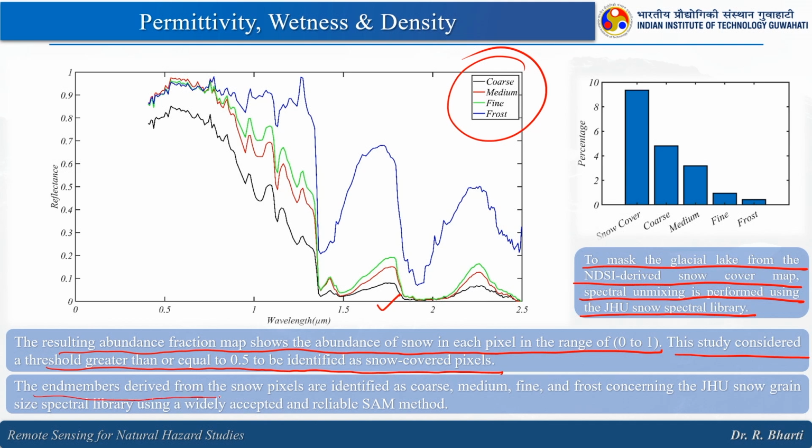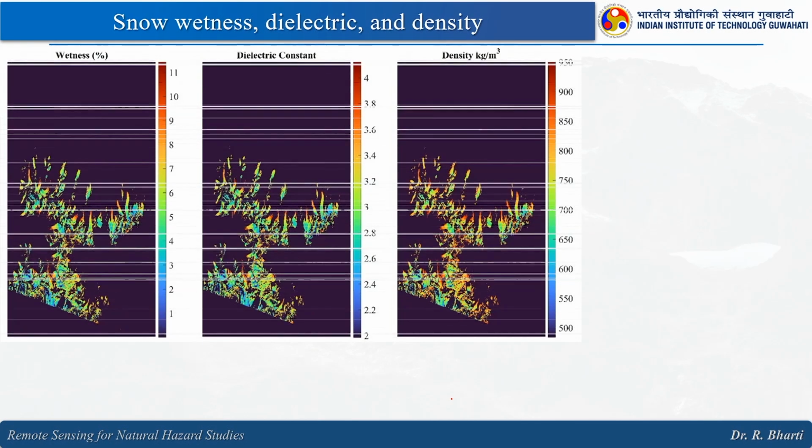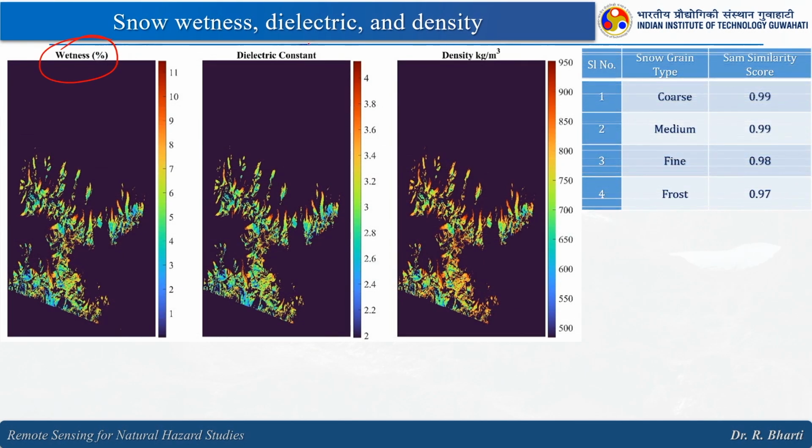The endmembers derived from the snow pixels are identified as coarse, medium, fine and frost, concerning the GHU snow grain spectral library, using the widely accepted and reliable SAM method. So, here you can see using this we have also estimated the wetness, dielectric and density.